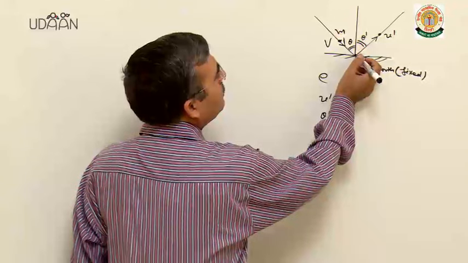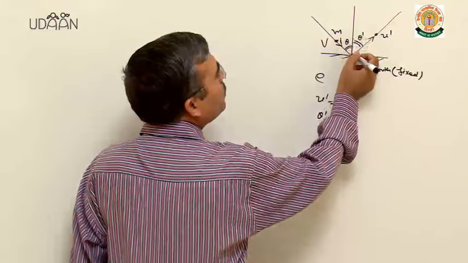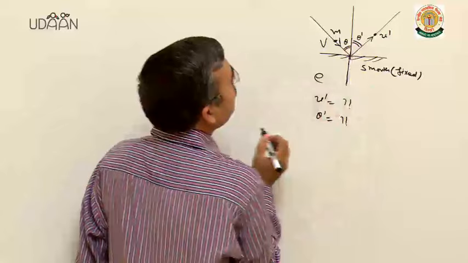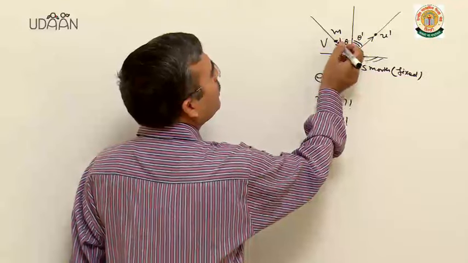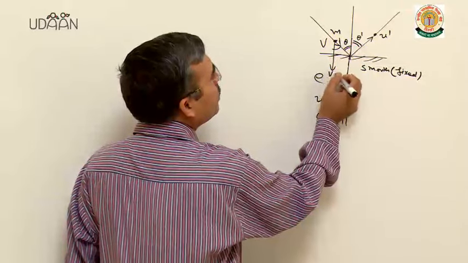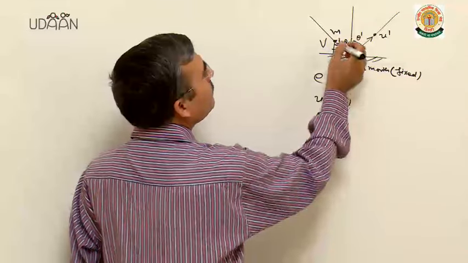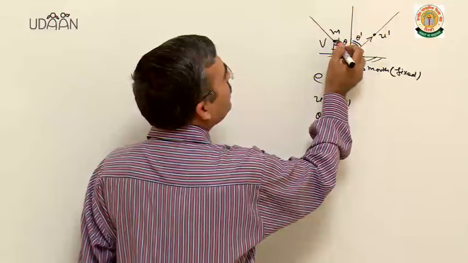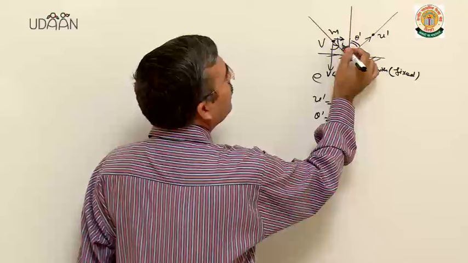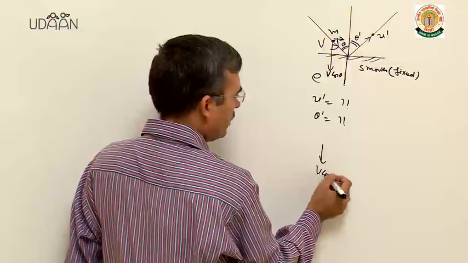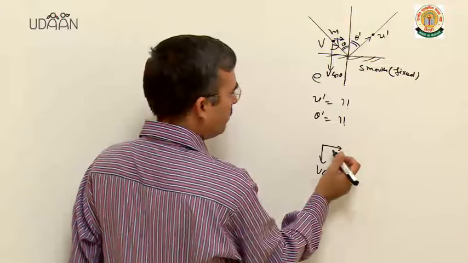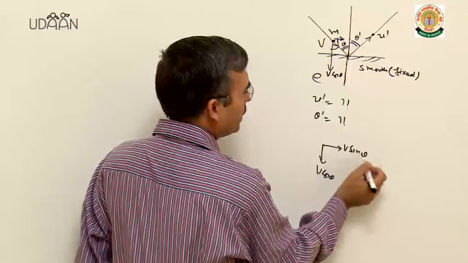As I told you, we have to resolve velocities along the normal and perpendicular to it. Component of velocity along the normal is v cos theta before the collision. Along the tangent at the point of impact it is v sin theta.